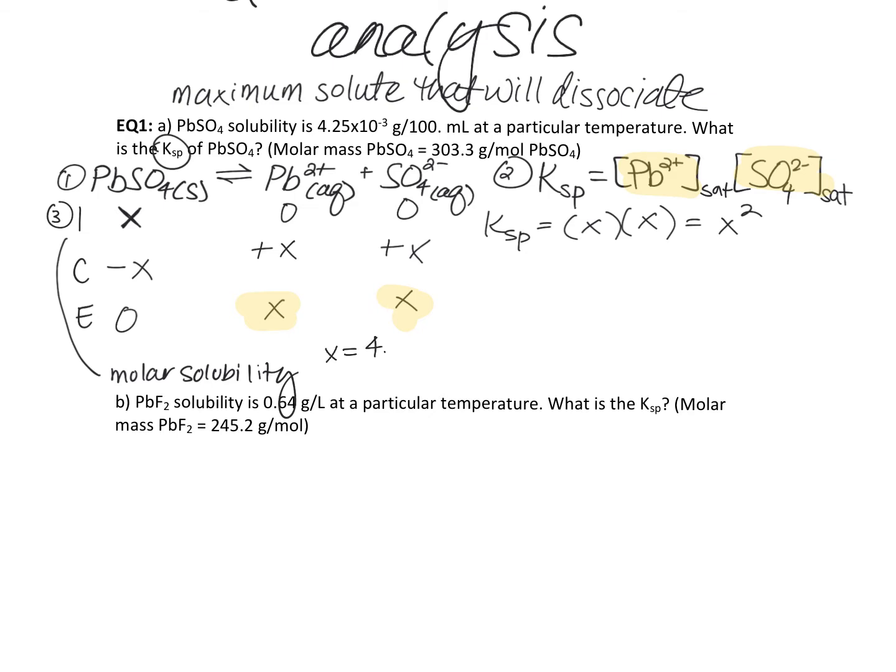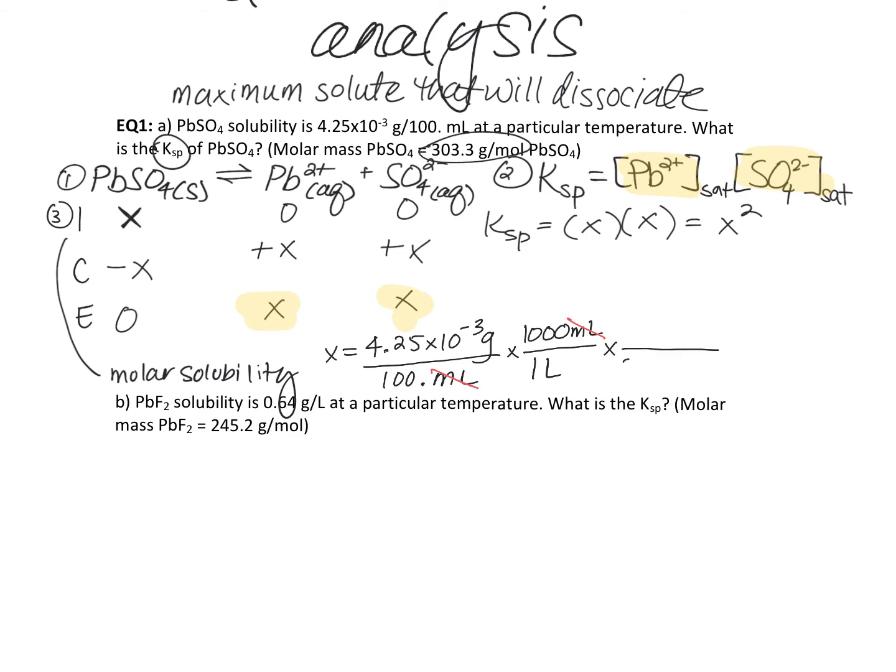So X is equal to 4.25 times 10 to the negative 3 grams per 100 milliliters, and I need to convert that into moles per liter. So simple conversion into liters. There's 1,000 milliliters for 1 liter. Okay, so that would get rid of my milliliters. And then the next step would be to convert grams into moles. And I gave you the molar mass right here.